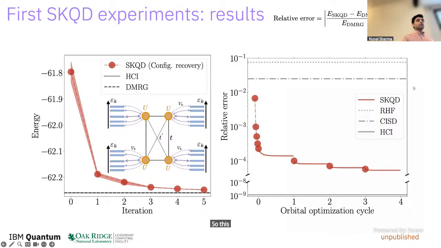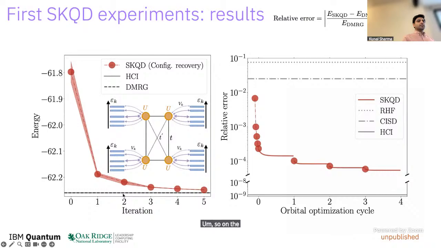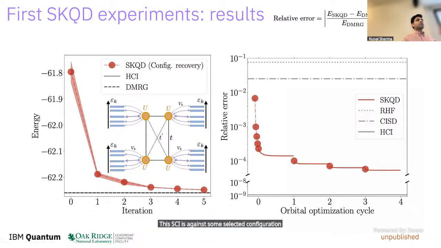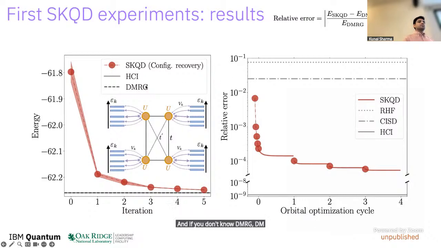So this is for the 4 impurity case, where all I'm trying to show is that the procedure we follow on the HPC side, even though it's heuristic, converges with very few iterations to the state-of-the-art solutions. The dashed line and the solid line are the state-of-the-art. This SCI is a selected configuration method which requires powers of H. And in case you don't know, DMRG is a variational method where you optimize over an MPS representation of the ground state.